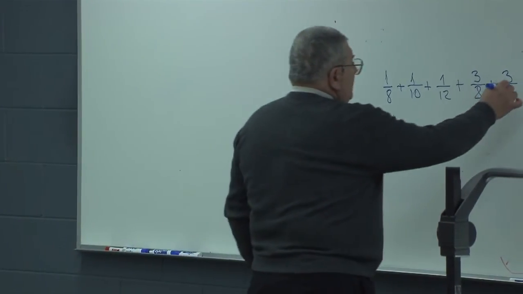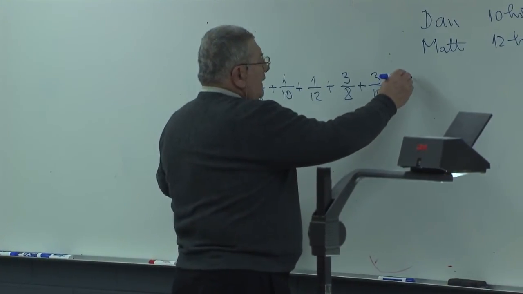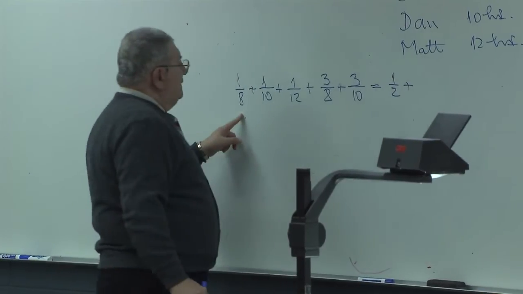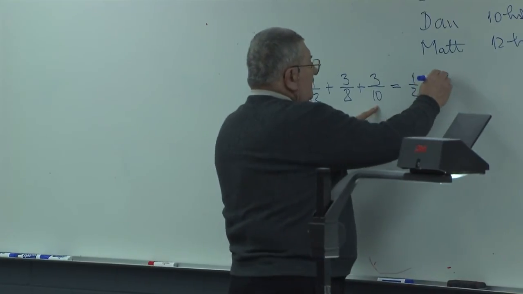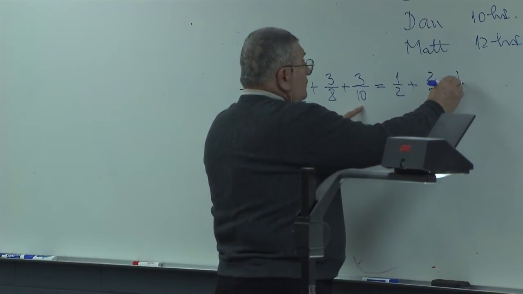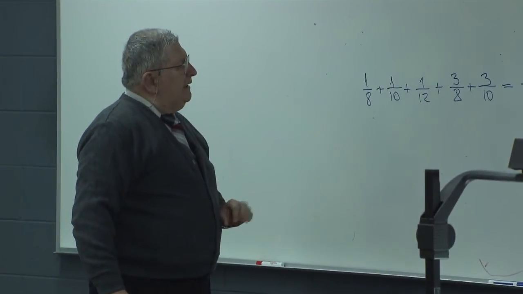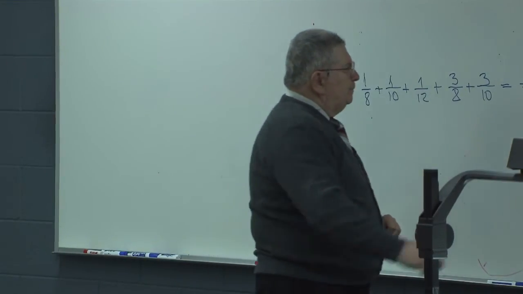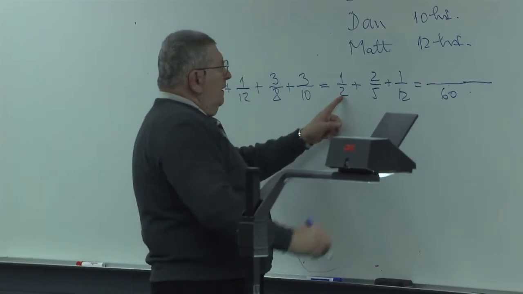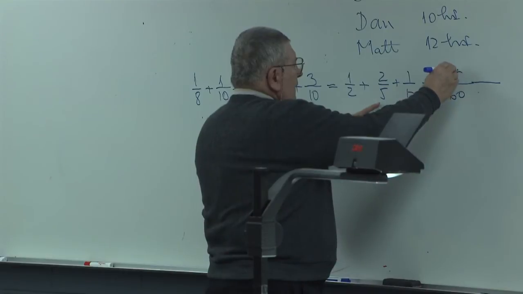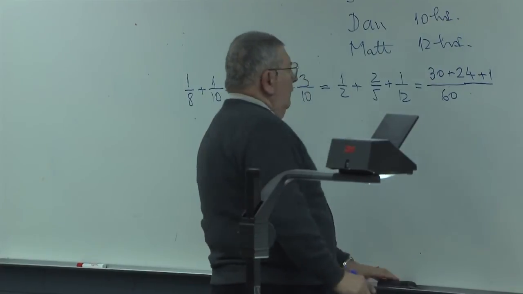I did 3/8 plus 1/8 is 4/8, so 1/2, plus 1/10 plus 3/10 is 4/10, so 2/5, plus 1/12. The common denominator is 60. Here 30. Here 24. No, here 5.